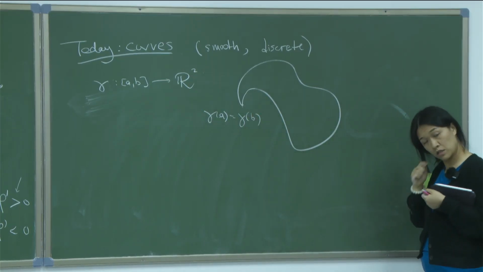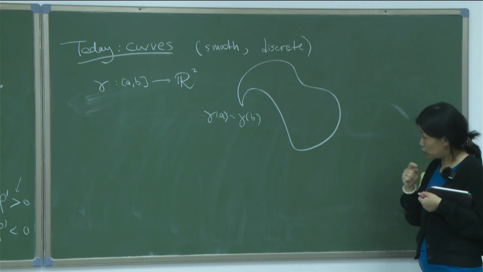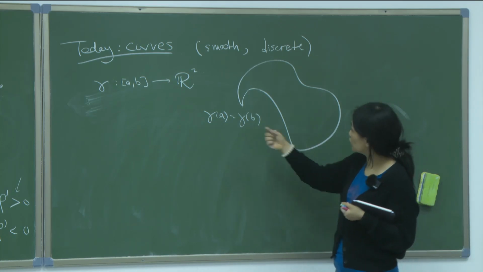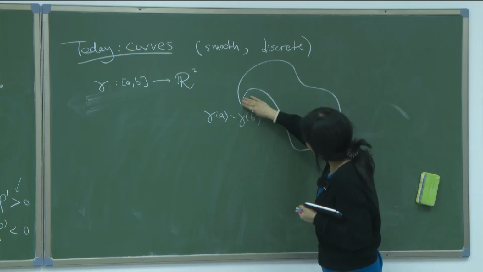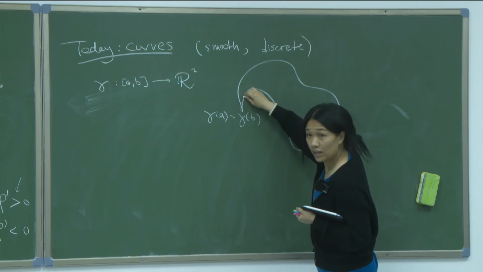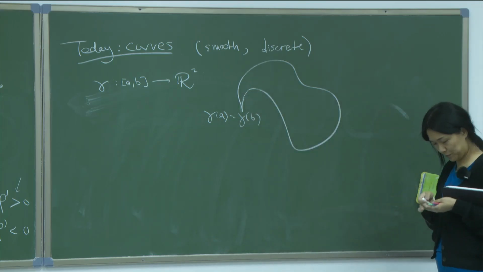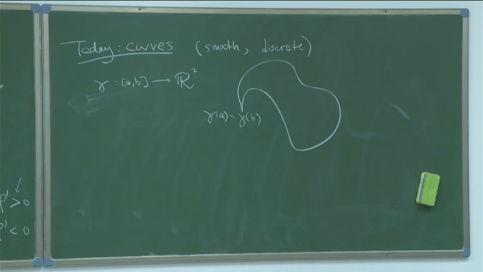So it needs to always be smooth. But how do you say that this point is also smooth? You don't want a corner here. You want it to be round. So maybe you take gamma from S1 to R2, which is a smooth mapping.